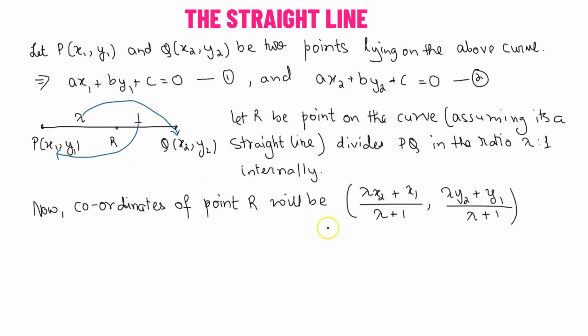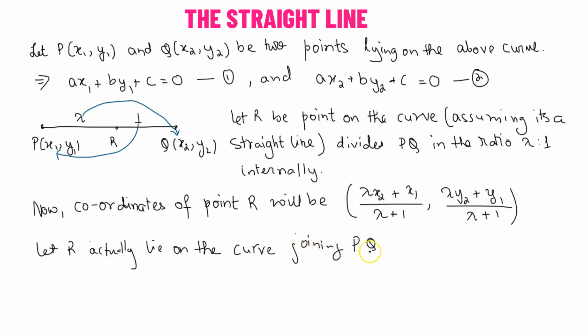In order to check that R definitely lies on the line, let R lie on the curve, which is a line segment joining PQ, then it must satisfy the equation ax + by + c = 0.